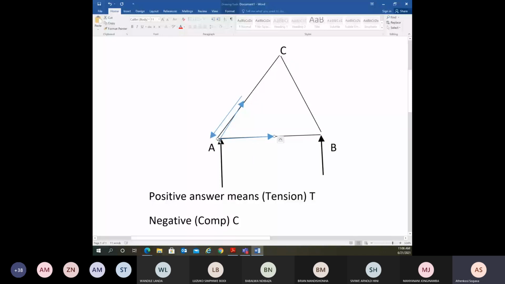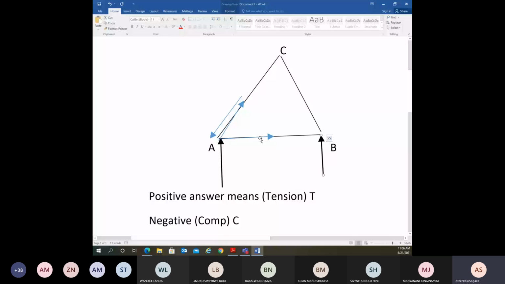By keeping that in mind, when you're calculating, let's say you start from A, then you calculate at B. At B, you already know that this force, the horizontal force here on this truss member, is in tension. Therefore, you will indicate it as tension.